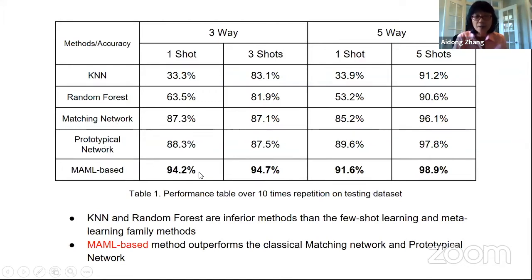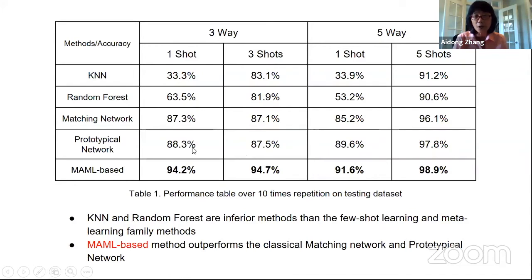So the memo-based one came out on top and it performed extremely well compared with the other methods. And as you have more shots, like 5 shots, you can understand 5 shots give more examples in each class, so it performs better.